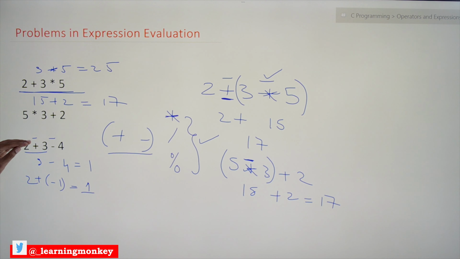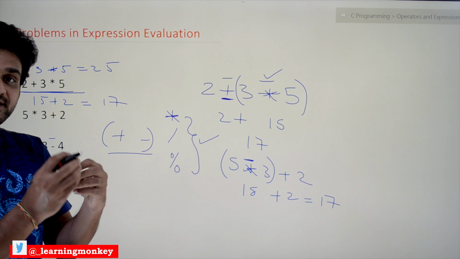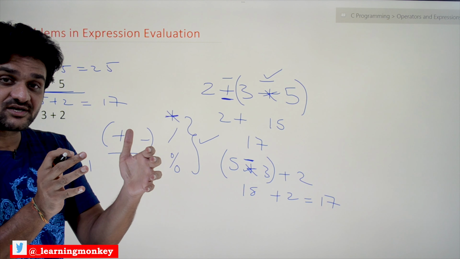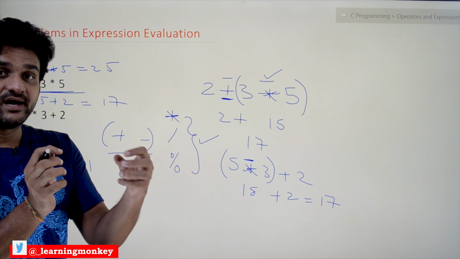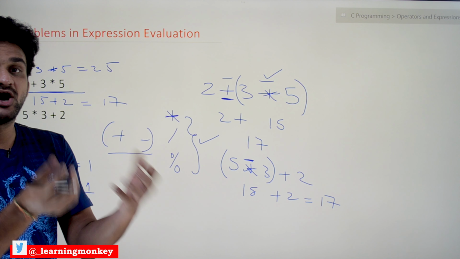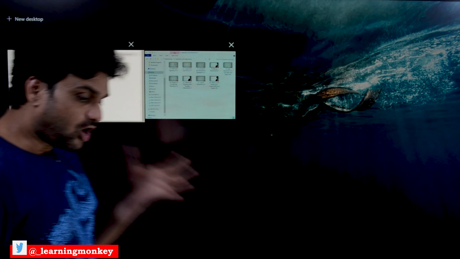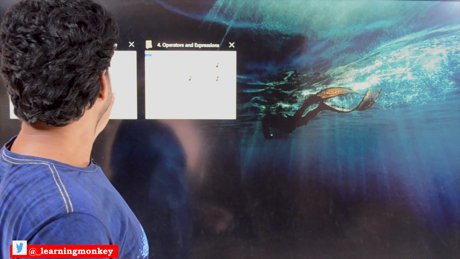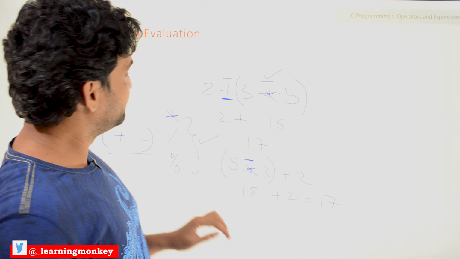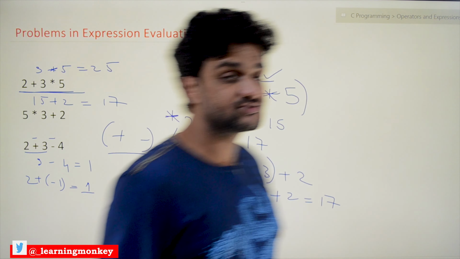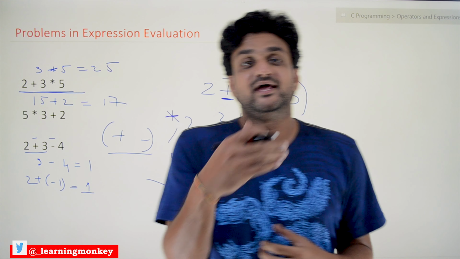What is the associativity associated with the operators that have the same precedence? It decides how the expressions will get evaluated. Every operator set is going to have an associativity.